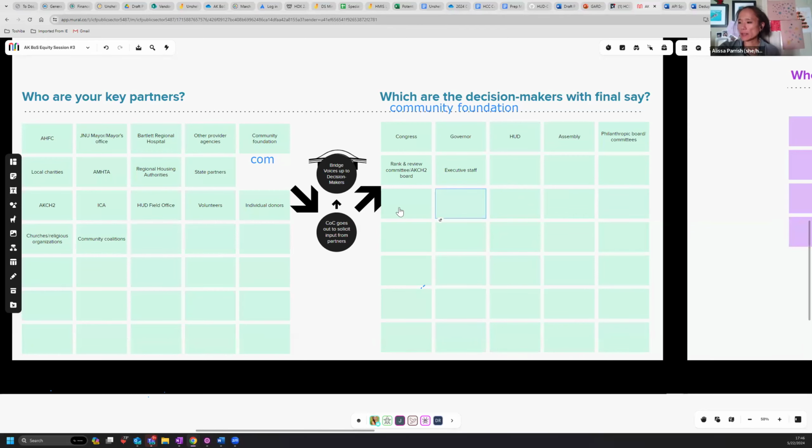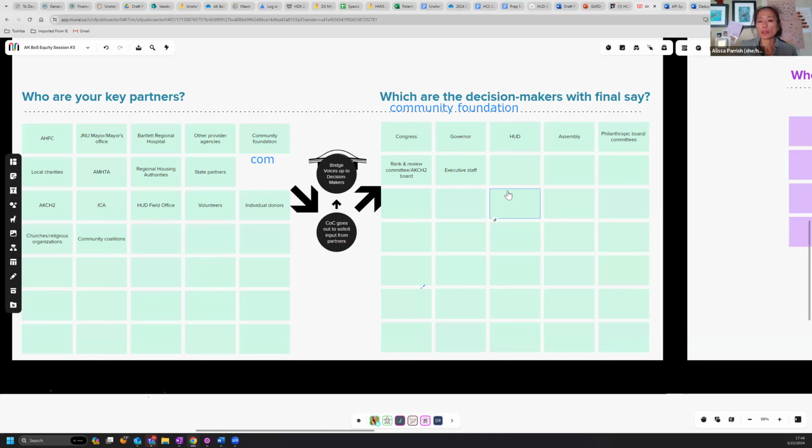In some of these cases, do we feel like volunteers, individual donors, churches, religious organizations, community coalitions are represented among the decision makers with final say, since we named some like boards and entities, not necessarily individuals?